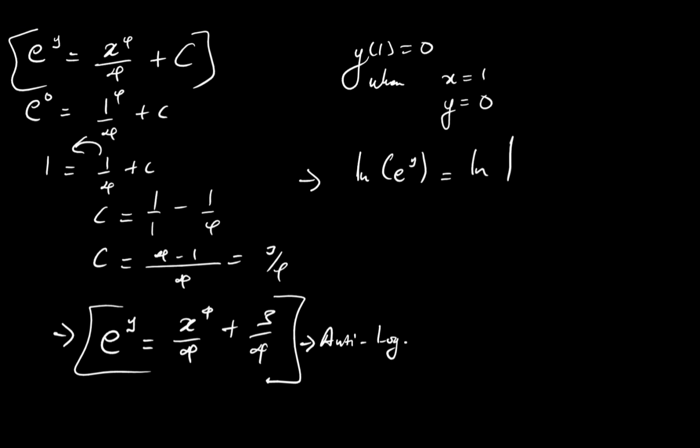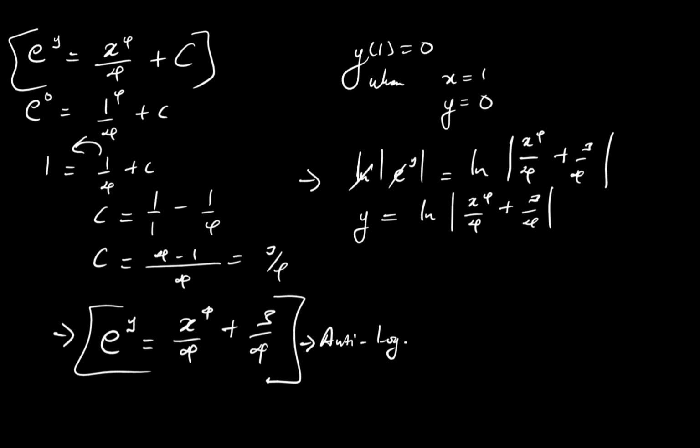Ln of the absolute value, whenever I introduce ln, make it absolute, of x to the 4th over 4 plus 3 over 4. When it comes to antilogs, the ln and the e cancel out, and we'll just have y being equal to ln of x to the 4th over 4 plus 3 over 4. So this is our differential equation, which has now been solved.